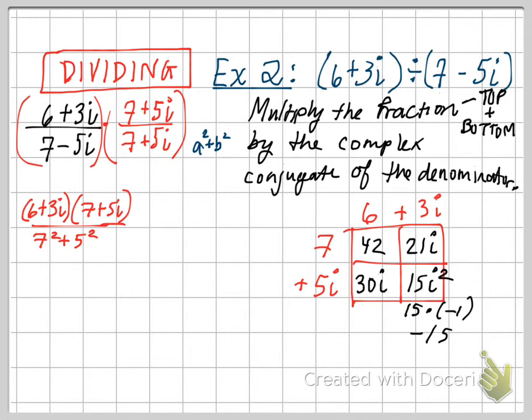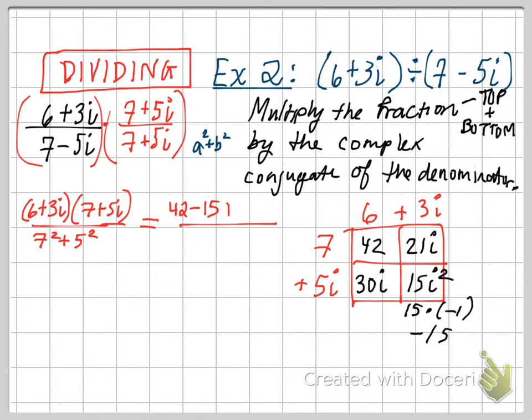So coming back over to my division problem, I now know this is going to be equal to 42 minus 15, plus 21i plus 30i.